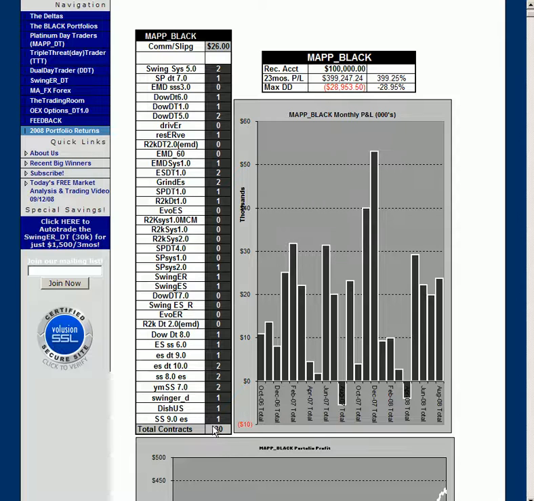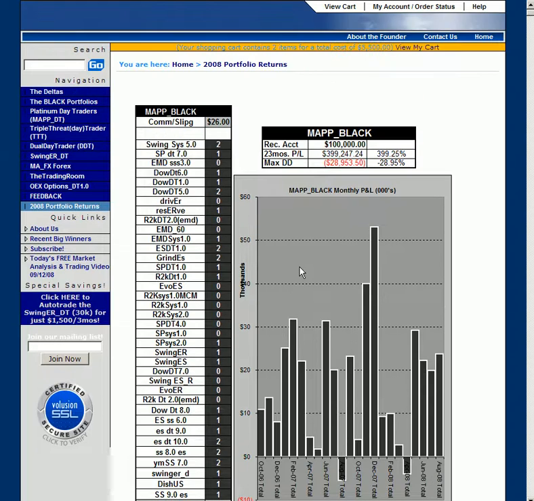And then we have a total of 30 contracts trading here for the Matte Black. This is a $100,000 portfolio. And as you can see, it's been a banner 4 months, so the system's really performing well. That's the Matte Black. It's certainly one of our most diversified portfolios.